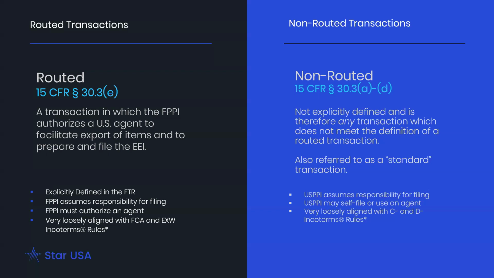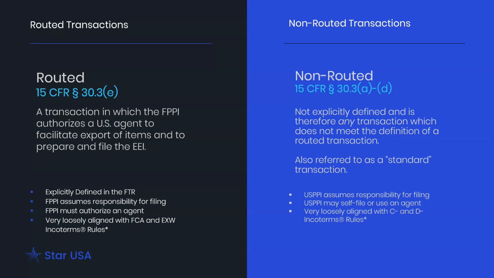When it comes to using or applying Incoterms rules to routed and non-routed transactions, I'm providing this as a kind of reference only. There was much debate over whether FCA is routed or not. EXW, generally, there isn't much conversation. I will tell you that the government does not recognize the Incoterms as having any relationship whatsoever to routed or non-routed. And if you do not meet the definitions of routed, you are therefore non-routed, regardless of what Incoterms apply.